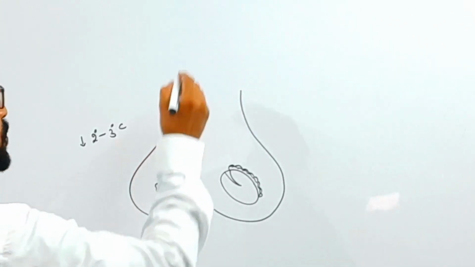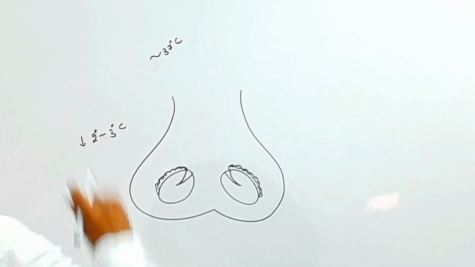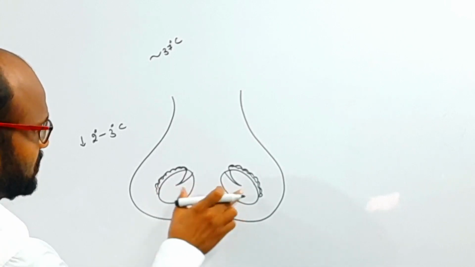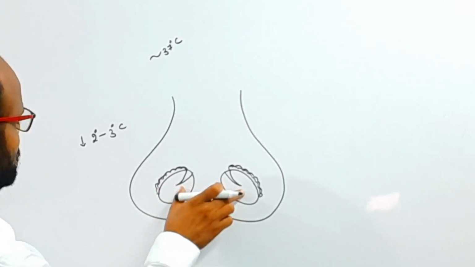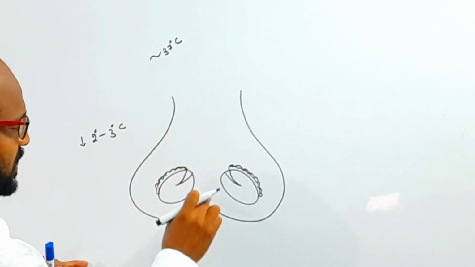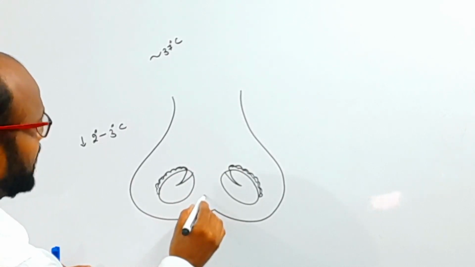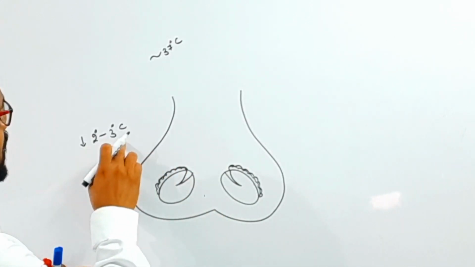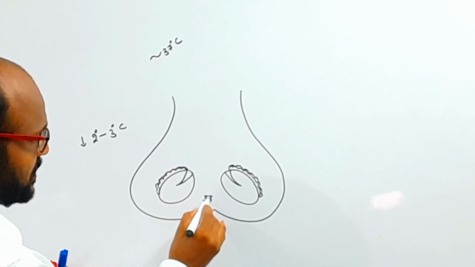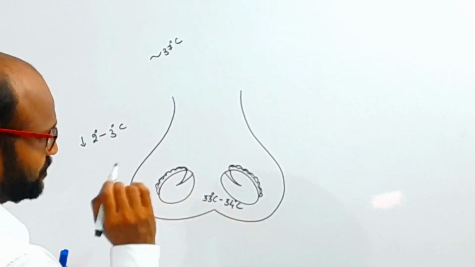Suppose the core body temperature is about 37 degrees centigrade. The temperature the testes need is lower than the core body temperature, so the intrascrotal temperature should be maintained 2 to 3 degrees less than the core body temperature, that is, 33 to 34 degrees centigrade.